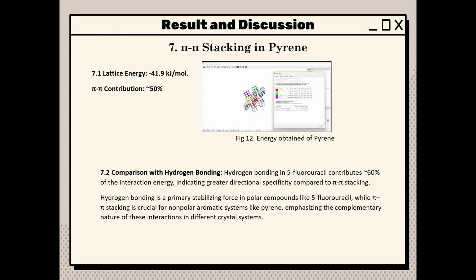Comparing this with the hydrogen bonding, I found that hydrogen bonding in 5-fluorouracil accounts for about 60% of the interaction energies, showing its higher directional specificity. While hydrogen bonding stabilizes polar compounds, pi-pi stacking is crucial for the non-polar aromatic systems like pyrene, emphasizing their complementary roles.